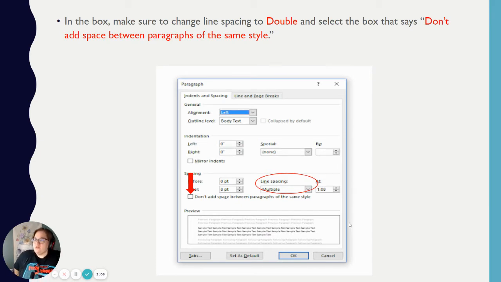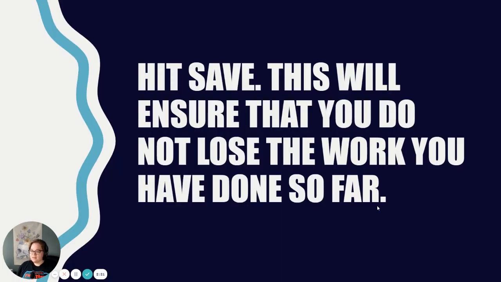I want you to make sure that you change the line spacing to double underneath spacing, and then select the box that says add space between paragraphs of the same style. That will take away excessive spacing between your paragraphs. Hit save, okay? This will ensure that you do not lose the work you have done so far. Trust me.